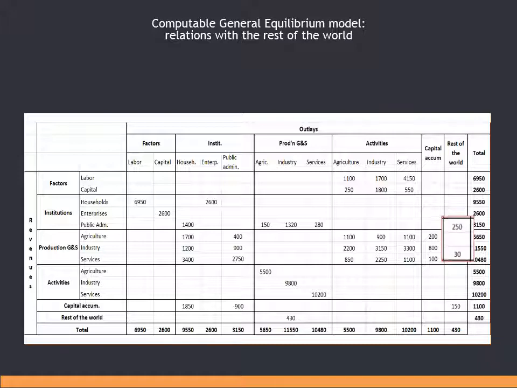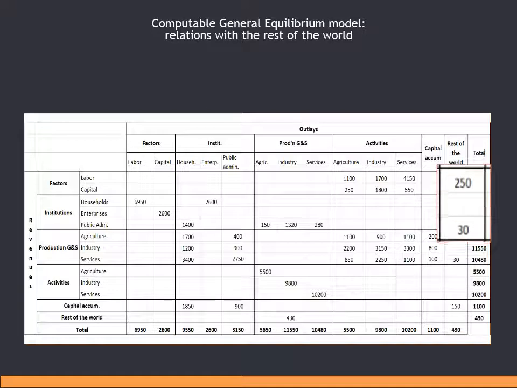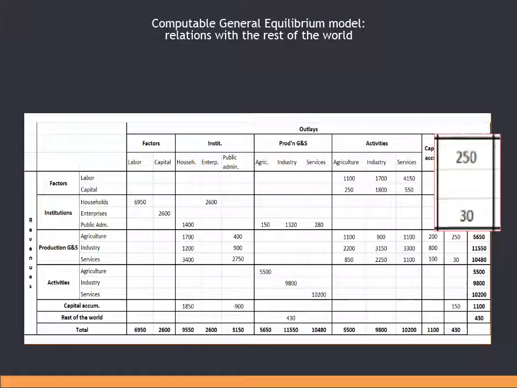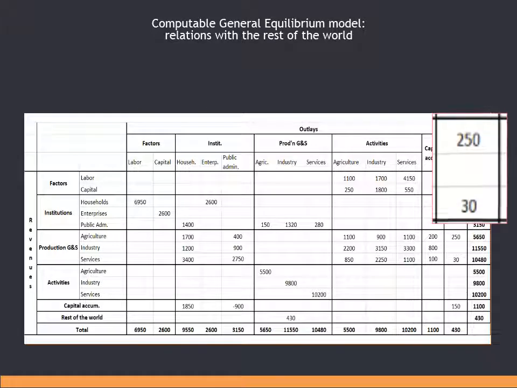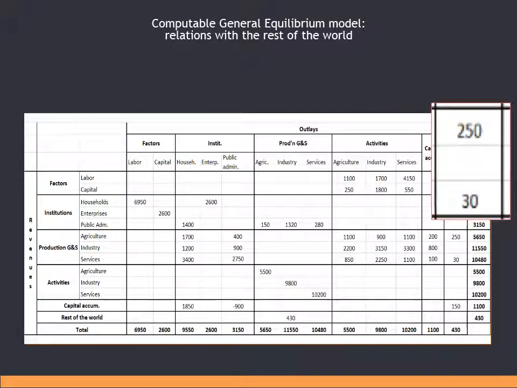In the previous social accounting matrix, you've got only final consumption, public consumption, and demand from firms either for intermediate consumption or for investment. And now you have the demand from the rest of the world, that is to say exports. And you've got exports in agriculture and in services.